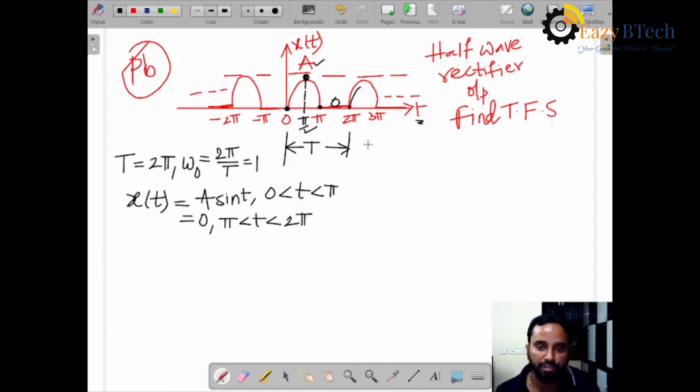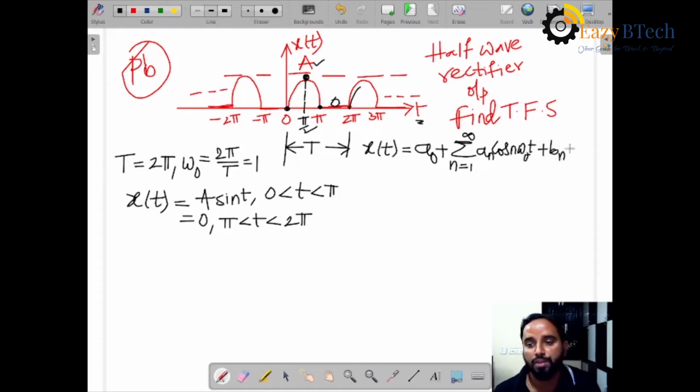The trigonometric Fourier series definition: x of t is equal to a naught plus summation 1 to infinite an cos n omega naught t plus bn sin n omega naught t. This is the trigonometric Fourier series.